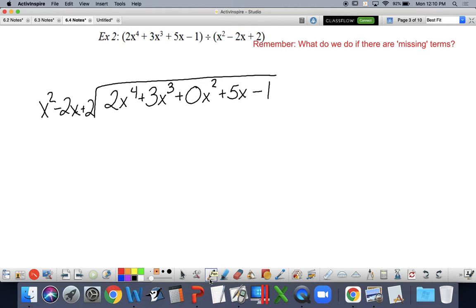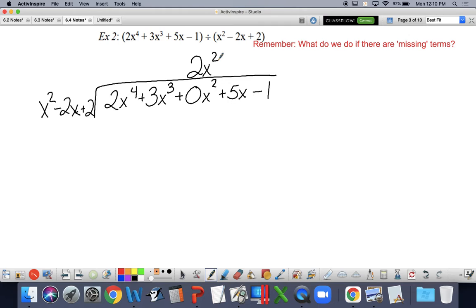Okay. I want a 2x to the 4th. So what do I need to multiply by to get that? 2x squared. Now what I like to do to kind of keep everything in line, just like we would with the 1s, 10s, 100s place, is put the 2x squared over my x squared column. It's going to help me stay organized. I definitely recommend it.